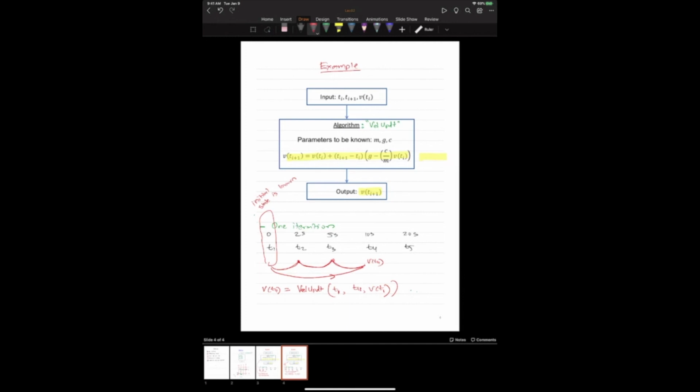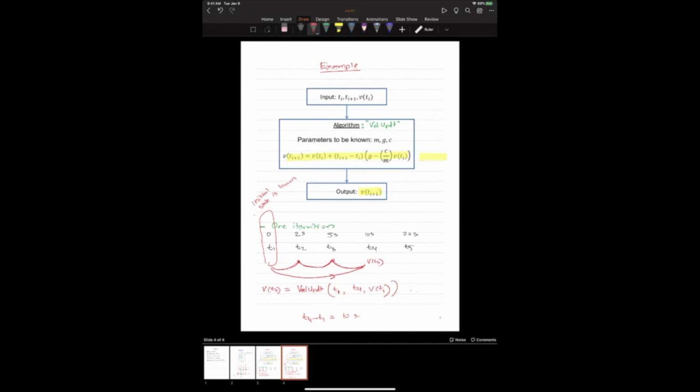That is what you are seeing on the board now, that solution. Here T4 minus T1 is a big time, 10 seconds. So it is taking a big step, but you can compute. Now, what are the differences?